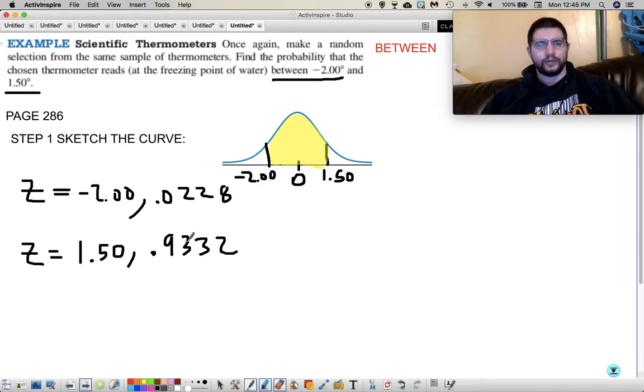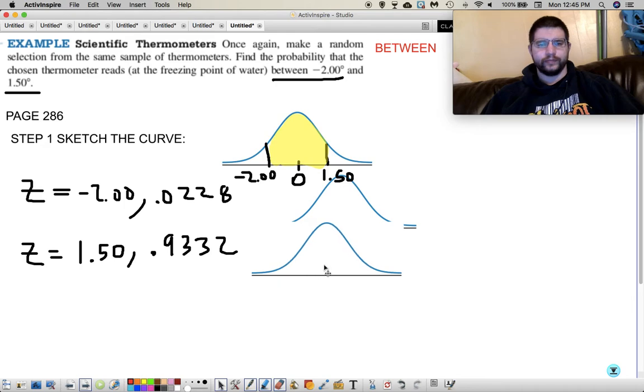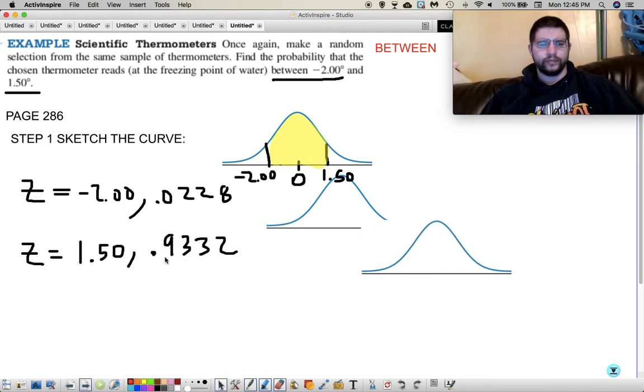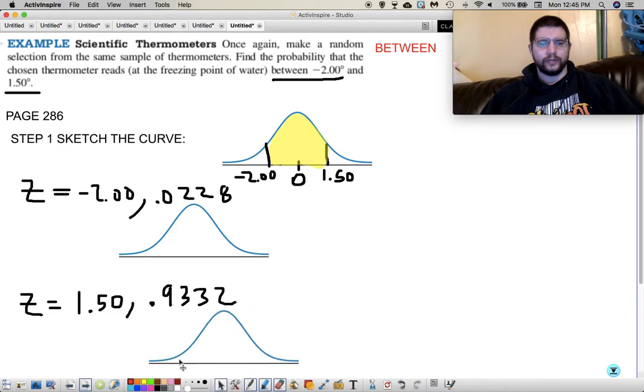We got these two numbers. The 0.9332, that's the area to the left of this. So I'm going to go ahead and make a couple more of these so we can play with them. We got this z-score and this z-score here.